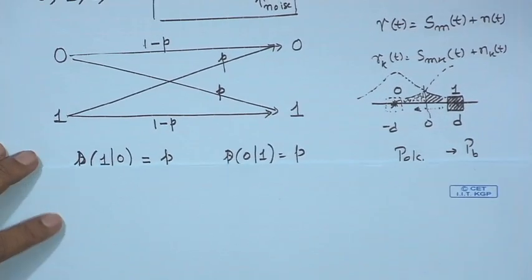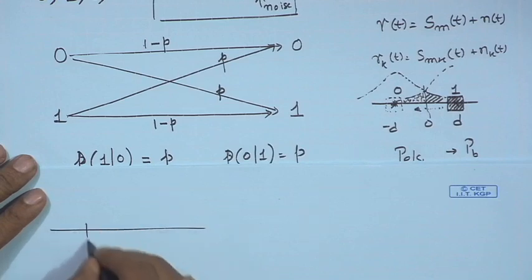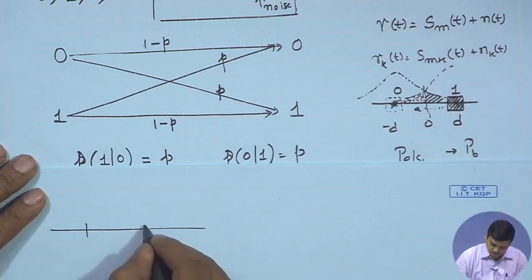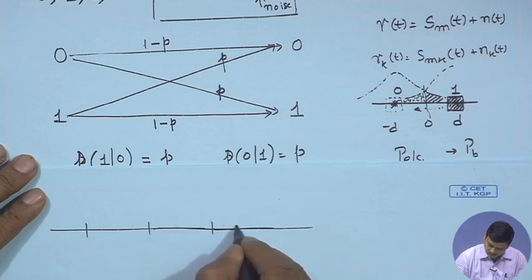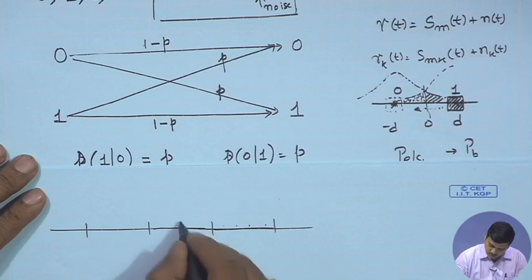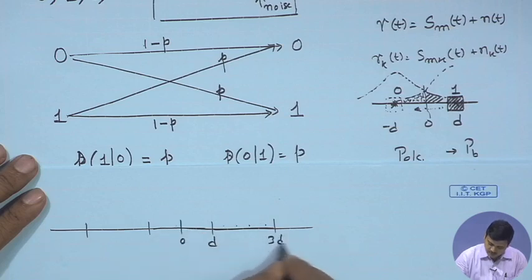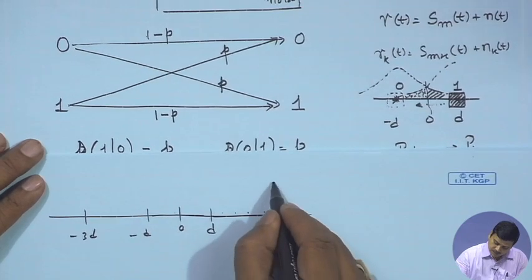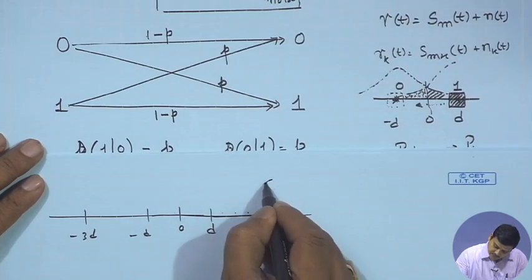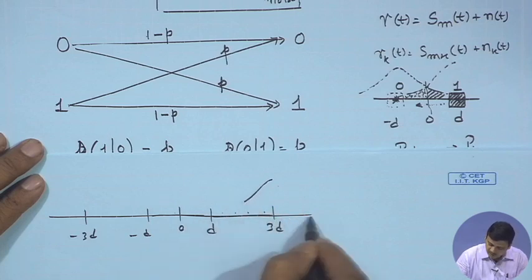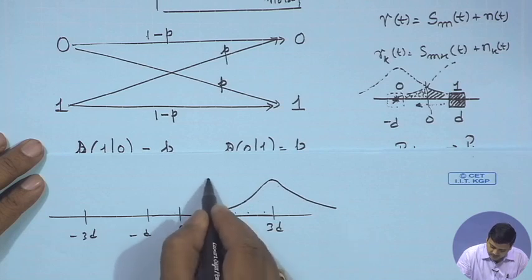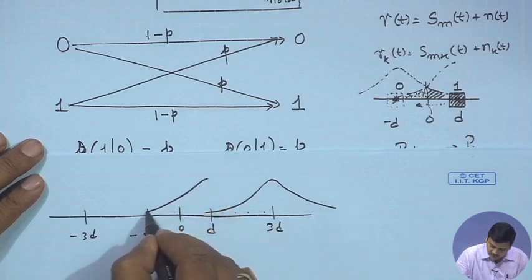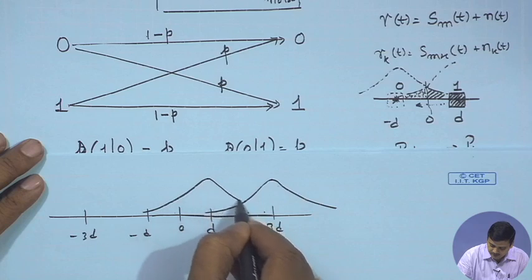In case of M-ary, you may remember the situation was, we have 0, d, 3d, minus d, minus 3d. So, the conditional PDF is, if 3d is sent, the probability of receiving anywhere in this is given by this particular curve. If d is sent, the probability of receiving the signal along this is given by this PDF.